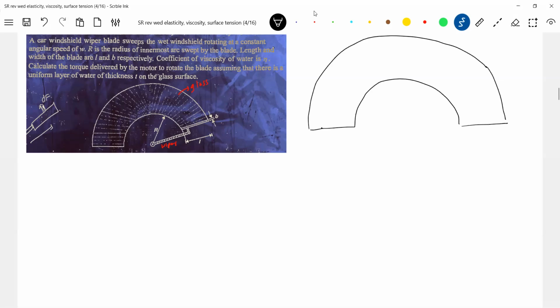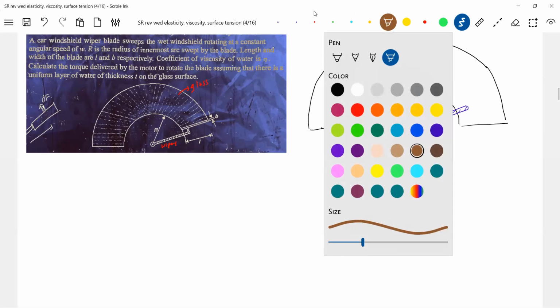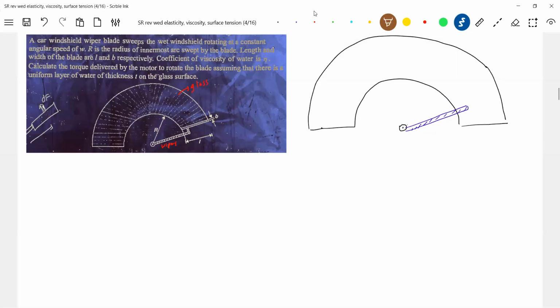Everything is a glass, only that wiper area is what we are showing. Okay, there's a rod. The width of this, so here this length is L, what we have.